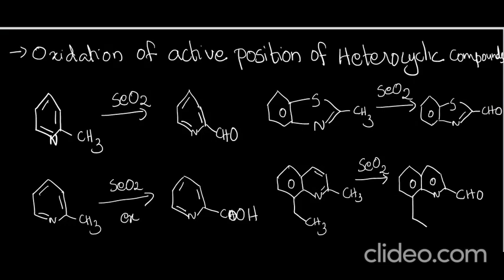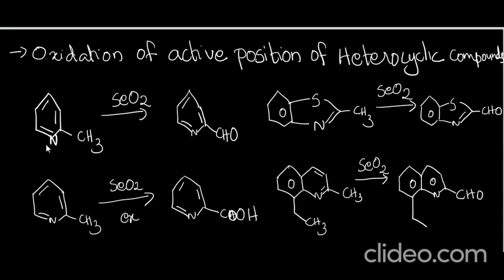Another application of selenium dioxide is oxidation of the active position of heterocyclic compounds. Mostly the oxidized products are carbonyl functions, and in vigorous conditions the carbonyl function is again oxidized into carboxylic acids.